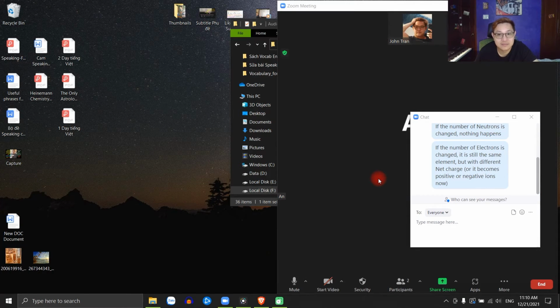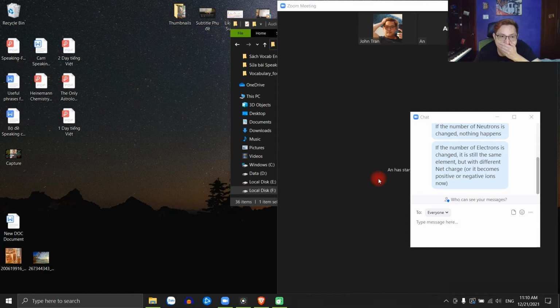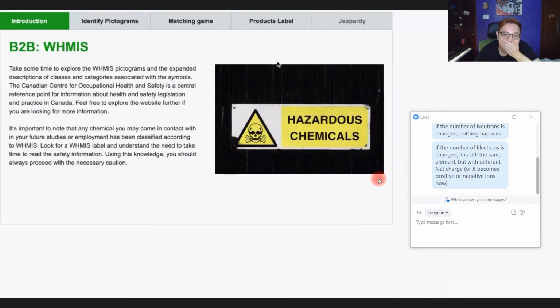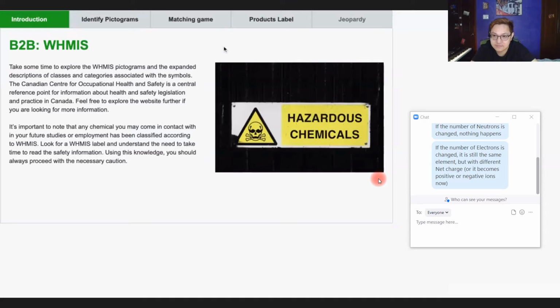Share screen again, please? Yep. Take some time to explore the WHMIS pictograms and expand the descriptions of classes and categories associated with the symbols.